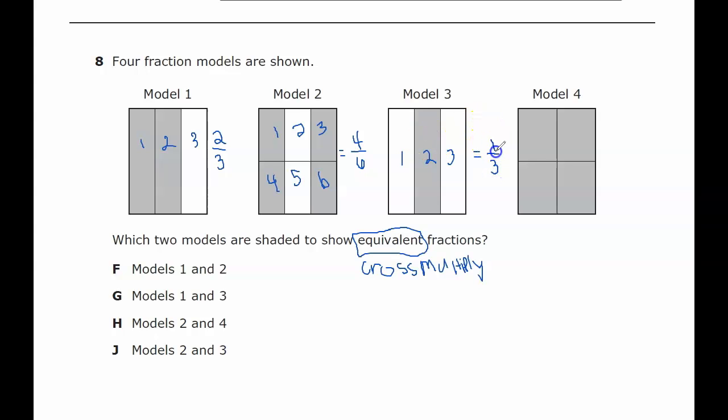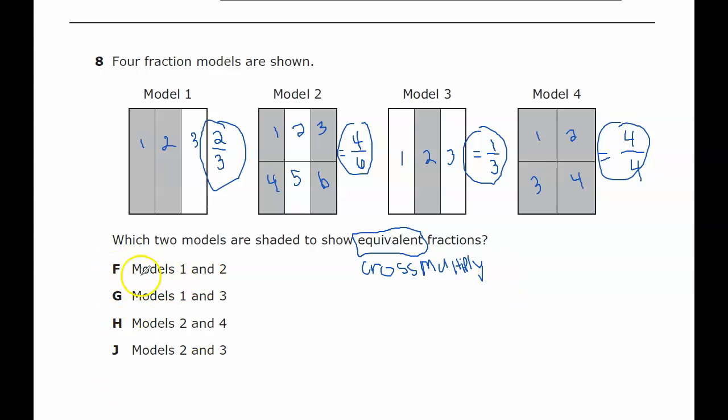And 1 of them is shaded, 1/3. Over here I have 1, 2, 3, 4 parts, and 4 of them are shaded. All of them are shaded. So now I have my fractions: 2/3, 4/6, 1/3, and 4/4.